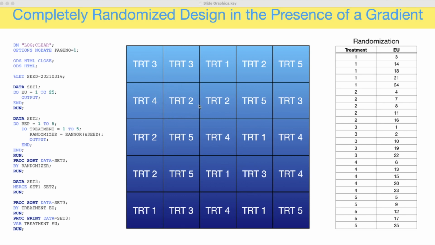On the other hand, for this experimental unit down here in the lower left that I'm circling, the effect on the response of that unit receiving treatment 2 is influenced not only by that treatment, but also by the fact that the unit has a darker shade of blue. Perhaps this might be more fertile than the one up here, which would have a positive impact, for example, on the response of a crop.